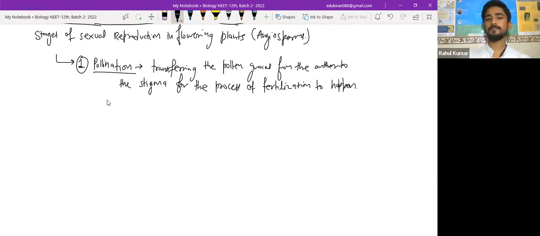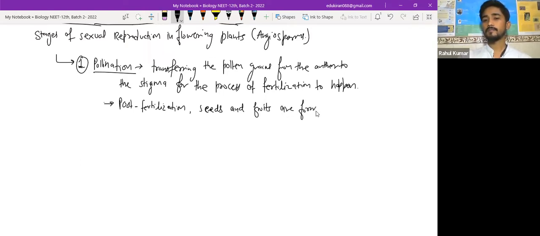Just till here. Okay. Next point, post fertilization, seeds and fruits are formed. Okay, is it clear?